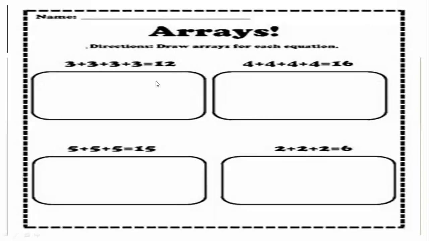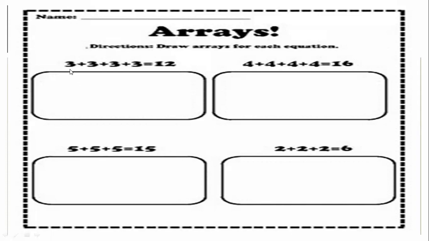You have to draw it in your notebook. Arrays. Draw an array for each equation. 3 plus 3 plus 3 plus 3 equals 12. So the first one I'm doing, I will choose a star.